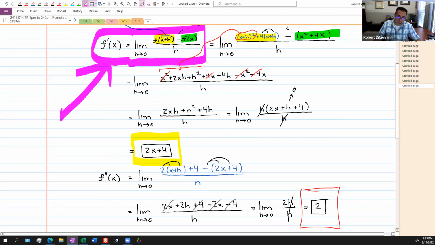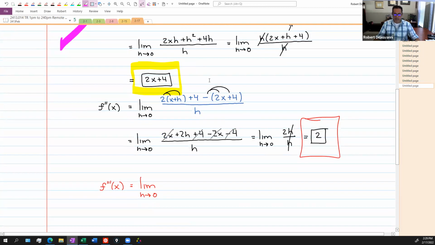But the function is a constant function, isn't it? So what happens when you plug x plus h into it? It's just 2, and x plus h has no impact on it. So that's just 2 minus, now plug x into it. Again, there's no x in this function, so it's 2 again. And then over h. And that's just the limit as h goes to 0 of 0 over h.